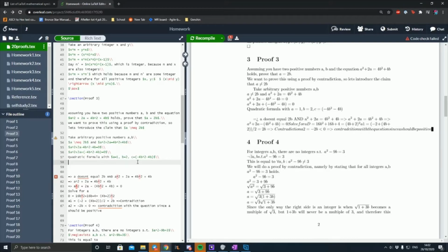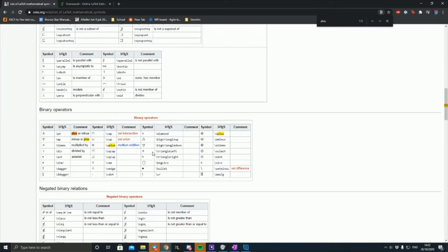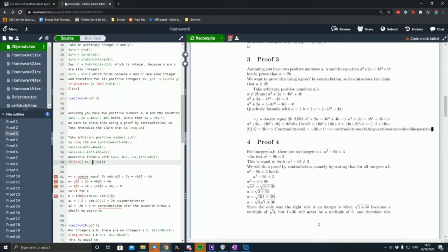So let's see. Then we have the fraction. Alright, this is actually supposed to be in brackets as well. I'll put this in a double thing since it's so big. So we have negative b plus or minus. I don't know if there's a plus or minus in LaTeX. Plus slash pm.